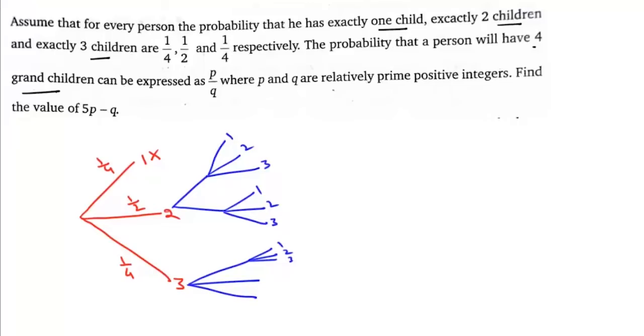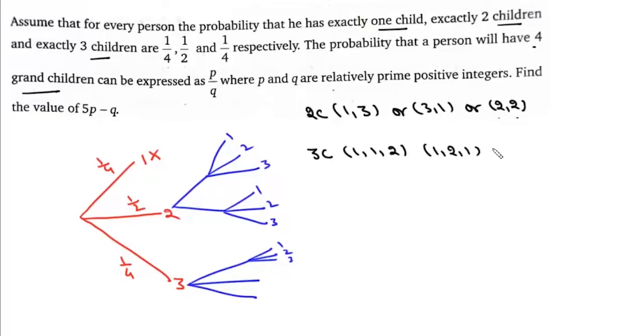Now he'll have 4 grandchildren if he has 2 children followed by either 1, 3 or 3, 1 or 2, 2. Or he has 3 children and then he can have 1, 1, 2. So it could be 1, 1, 2 or 1, 2, 1 or 2, 1, 1.